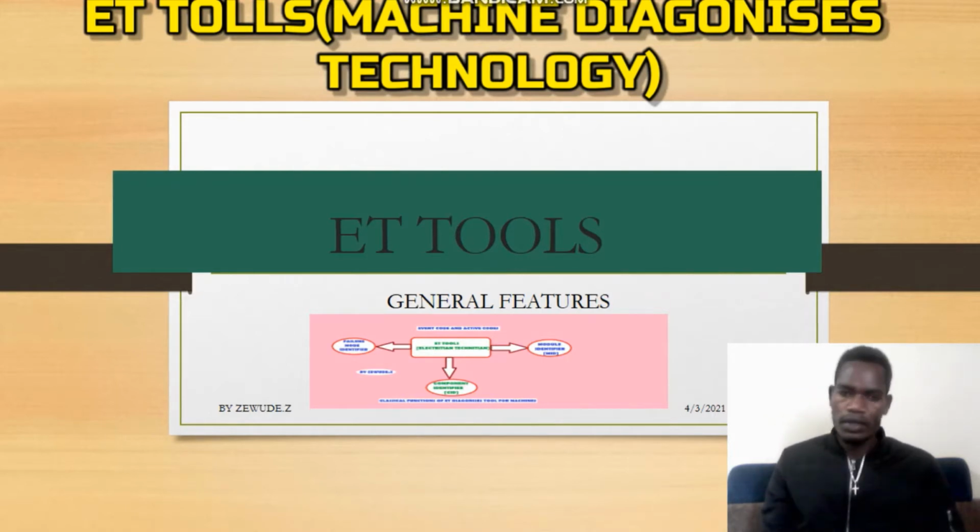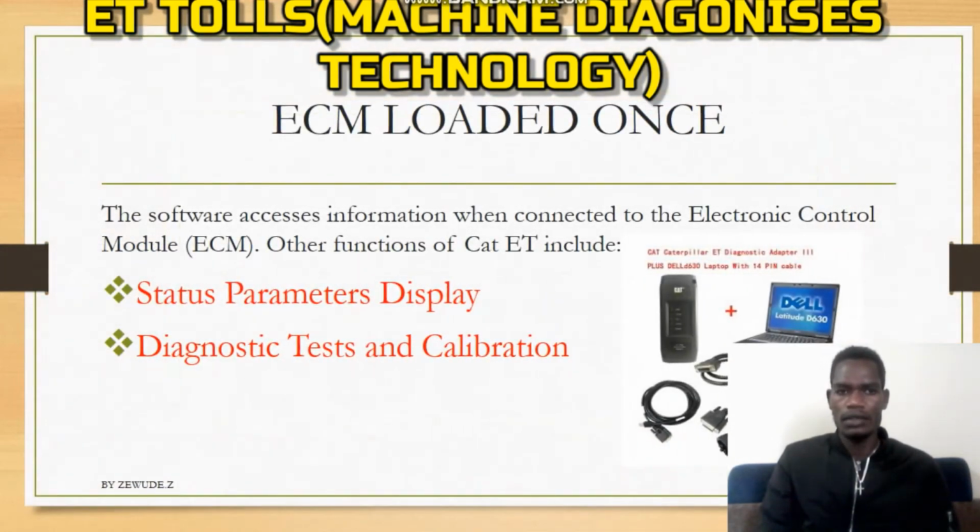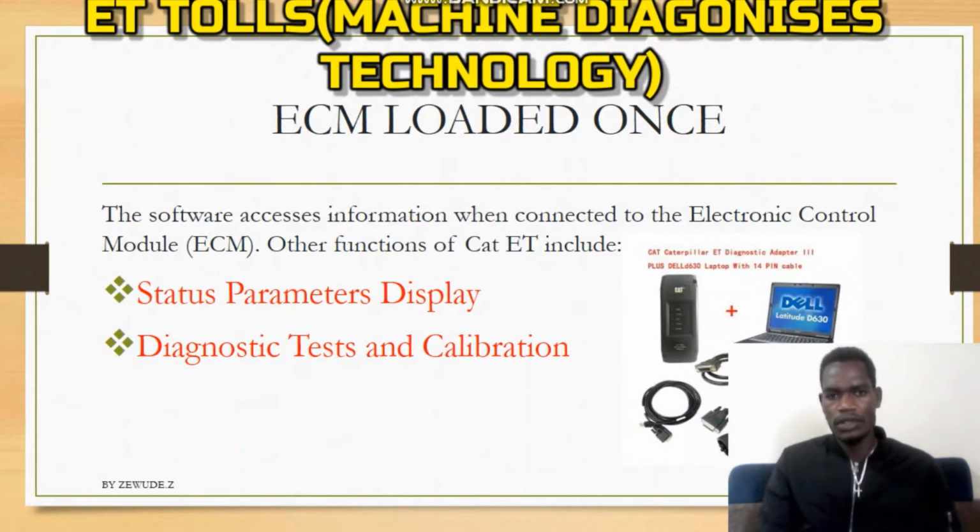Once the ECM is loaded, there are several features. Let's say in this case I'm taking the Cat tool. Cat is the Caterpillar company, and Caterpillar has its own features, such as the Caterpillar loader, Caterpillar excavator, Caterpillar wheel excavator, or maybe a Caterpillar generator.